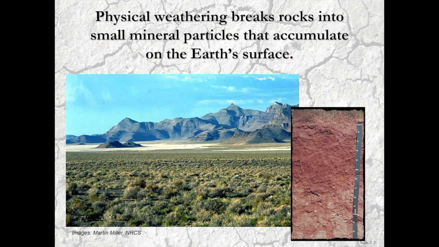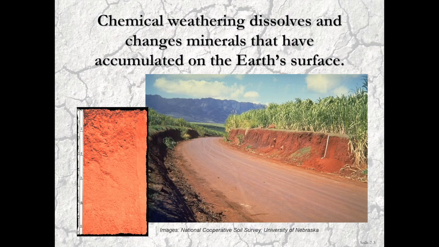And those small particles are then transported. They begin to accumulate on the surface. Over time, they start to form layers. Chemical weathering then starts to dissolve and change the actual minerals that are in those small particles. They continue to have the physical weathering breaking down. Again, layer is laid down upon layer over time.